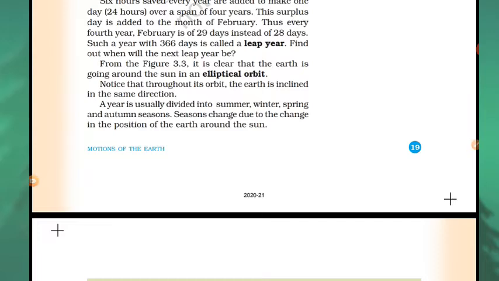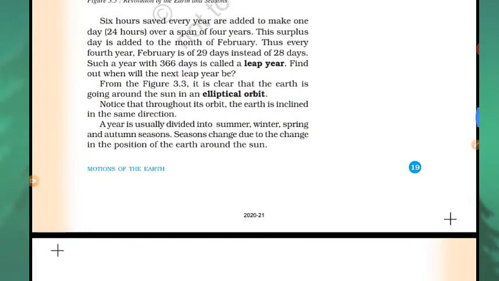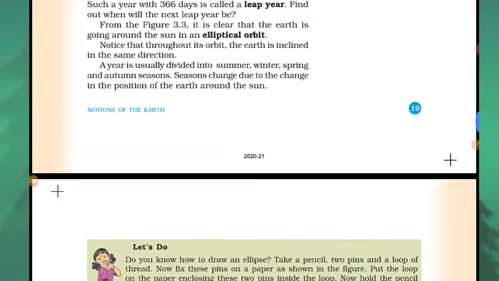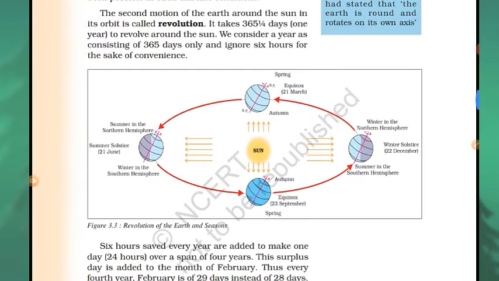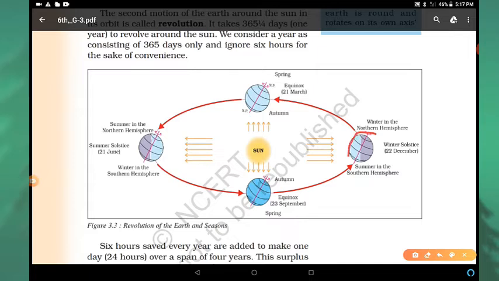Next, elliptical orbit. It is clear that the earth is going around the sun in an elliptical orbit, and we have noticed in figure 3.3 that throughout its orbit the earth is inclined in the same direction. Here the earth is tilted in this direction.